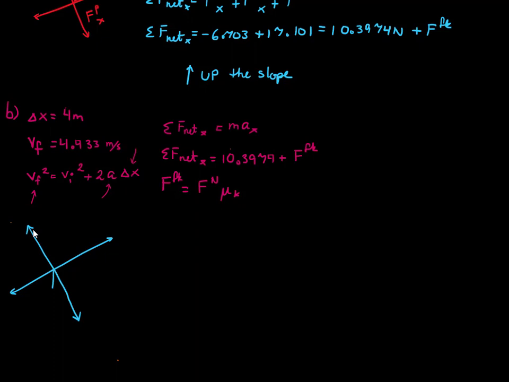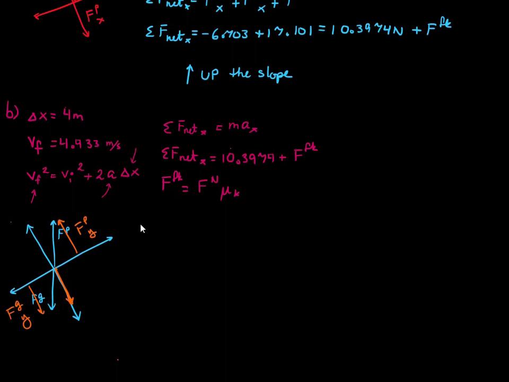We have a force of gravity going that way, a push force going that way. We want to look at the push force's y component, Fp in the y direction, and the force of gravity's y component, Fg in the y direction, because the normal force is going to be the sum of these two forces. One of them is negative and one of them is positive.